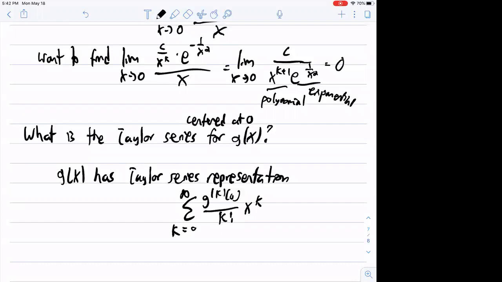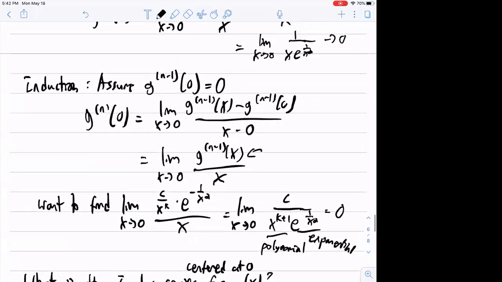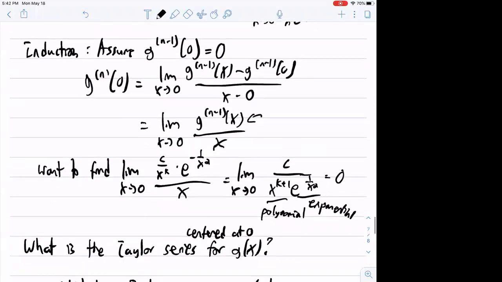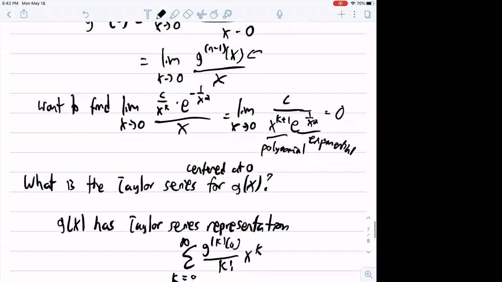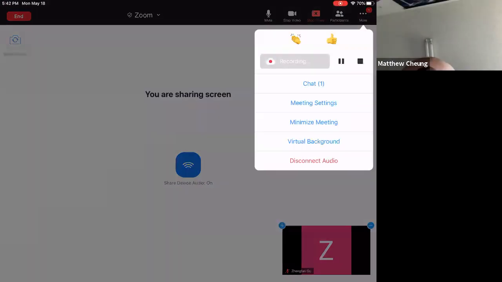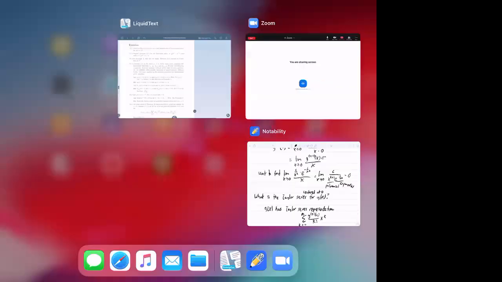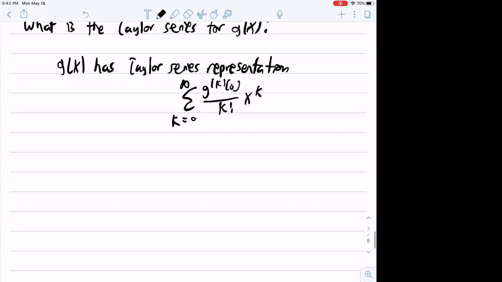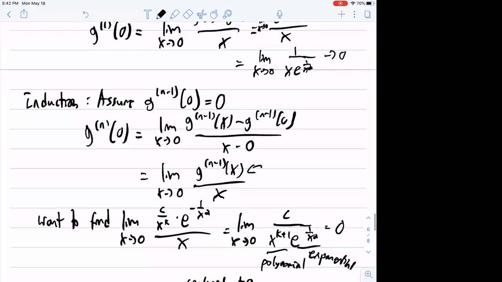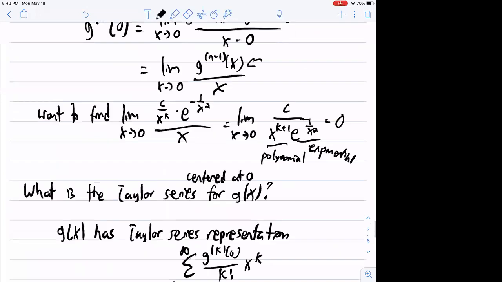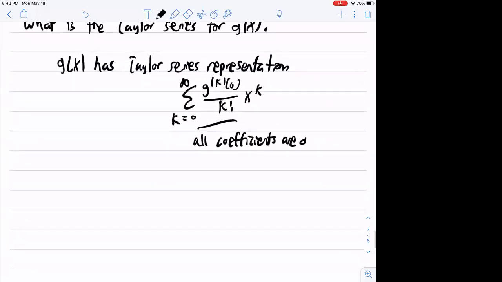What did we just calculate? We calculated g^(n) at 0. Yeah, it's just the 0 series, because every term is 0. All coefficients are 0, as we calculated above by induction. So basically, g of x has Taylor series 0.